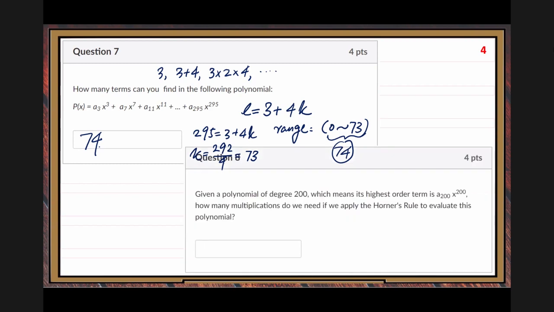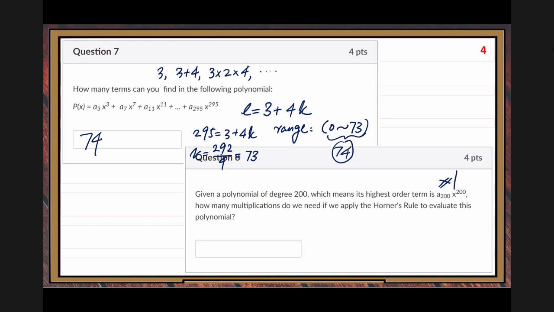Question number 8. A polynomial of degree 200, the highest term is A200 times x to the power of 200. How many multiplications do we need if we apply the ordinary rule? We know the same degree number, right? If the coefficient is not 1, when you apply the ordinary rule, you need to check the leading coefficient. Here it's a general number, not the constant 1.